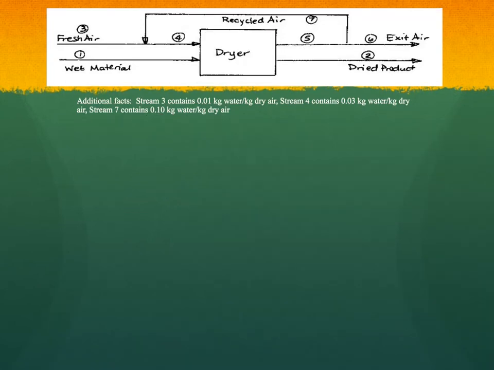So I end up with the fresh air coming in, F3, being 96.5 kilograms, and F6 is 105.1 kilograms.